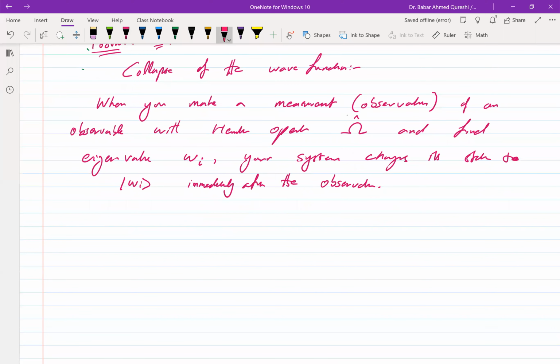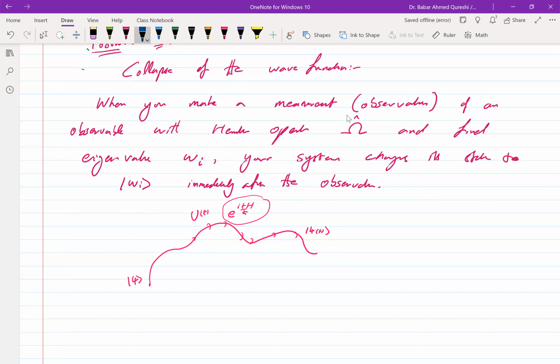What does this mean? This means your system was being described by a state psi. Maybe it was evolving like that. At any particular time, it was psi of t, and it was being evolved according to this evolution operator, a smooth evolution according to your law. It says that when you make a measurement, then this law breaks down.